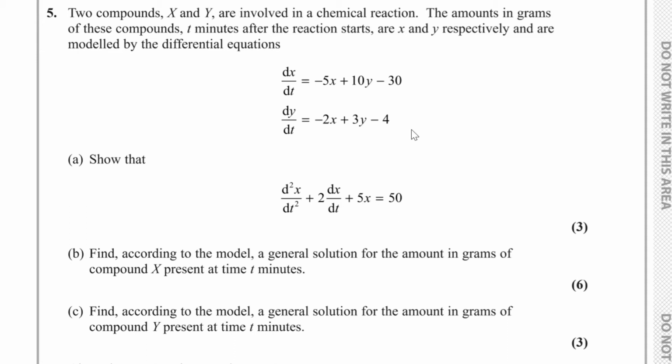So to do this question, if I call this first equation equation 1 and this second one equation 2, if we consider equation 1, we can differentiate it with respect to t, and the reason I want to do that is because in this show that question we have a d squared x over dt squared, and that can be obtained by differentiating dx over dt with respect to t.